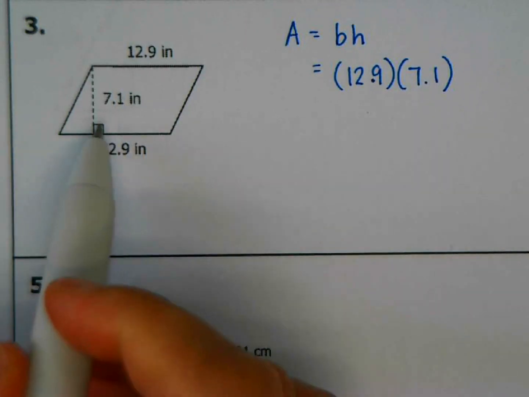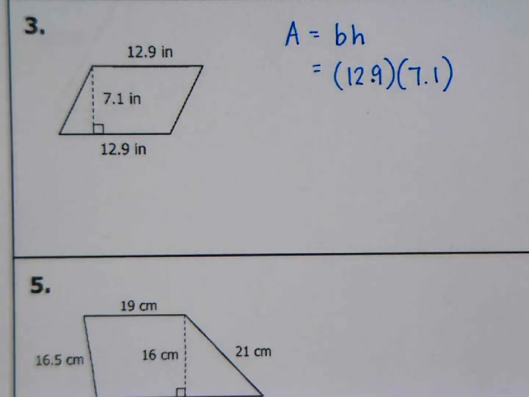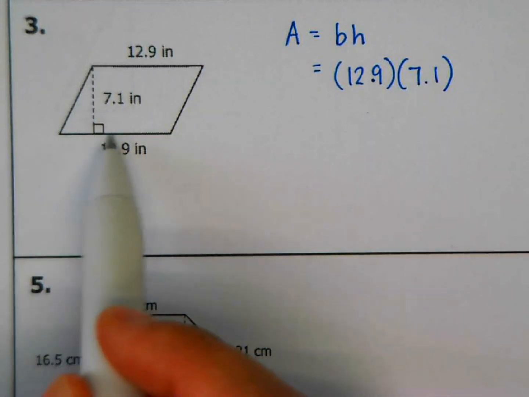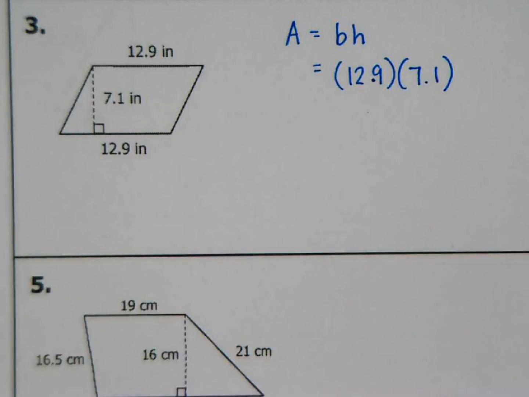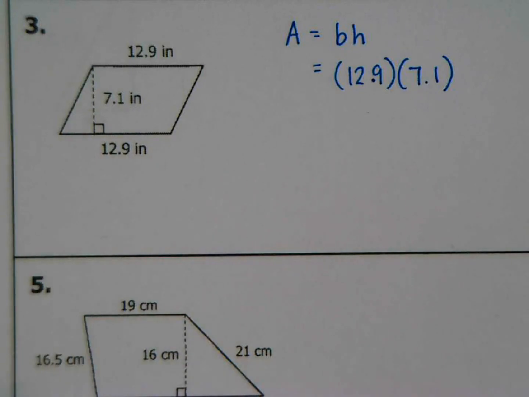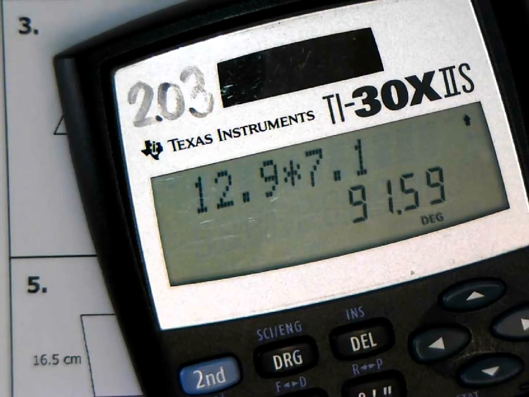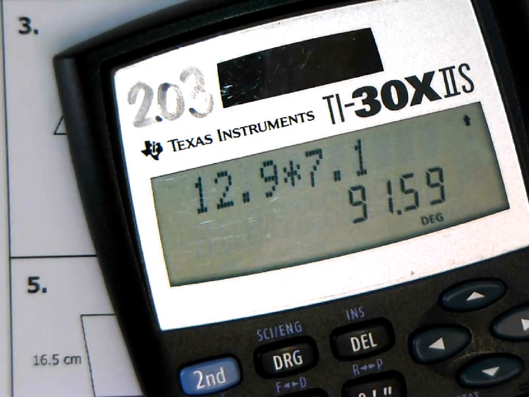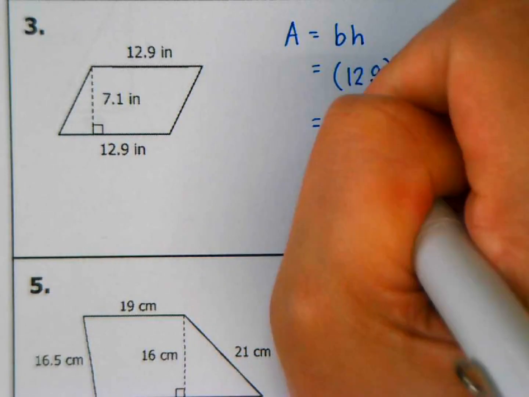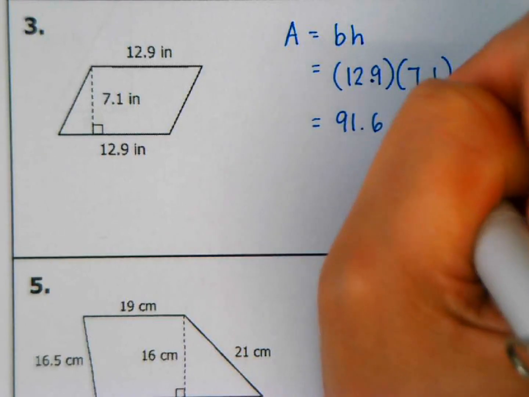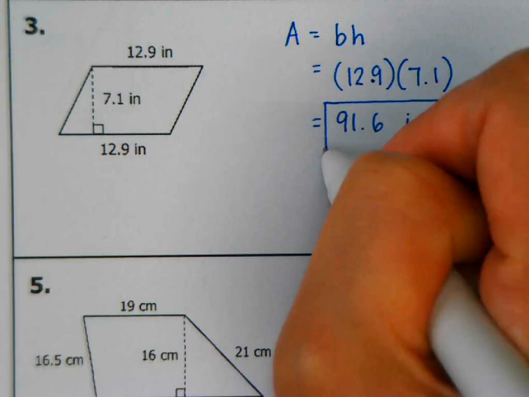So again, you're looking for the 90-degree angle to find the base and height relationship. These two are perpendicular, so one of them is base and one is height. Okay, how does this round? 91.6. Good. Inches squared. Okay, go ahead and do number 4 on your own.